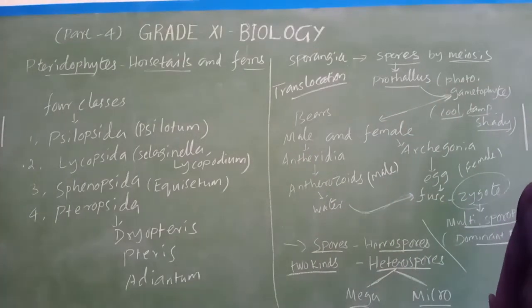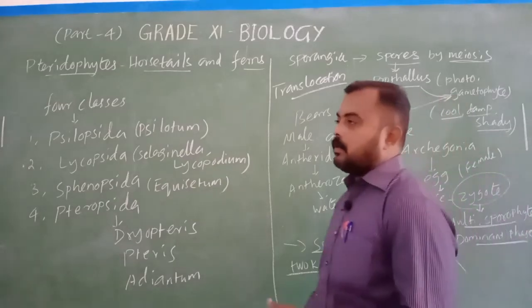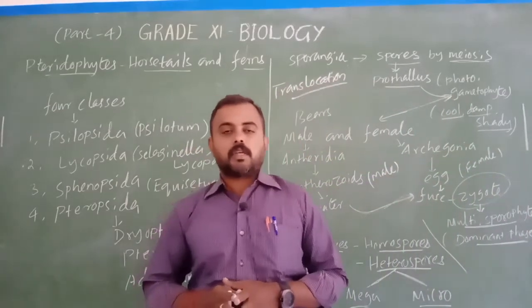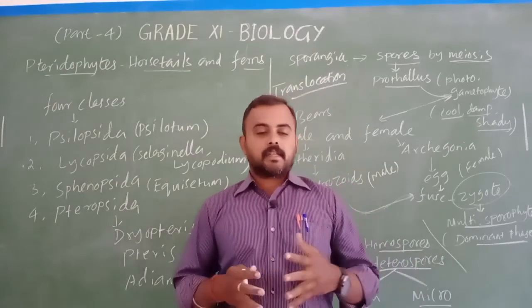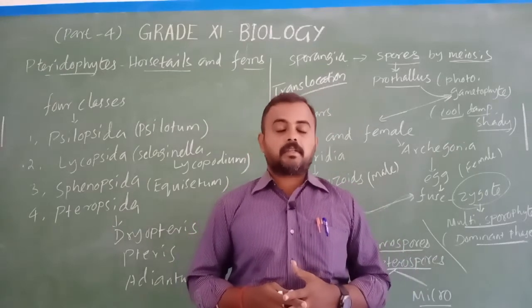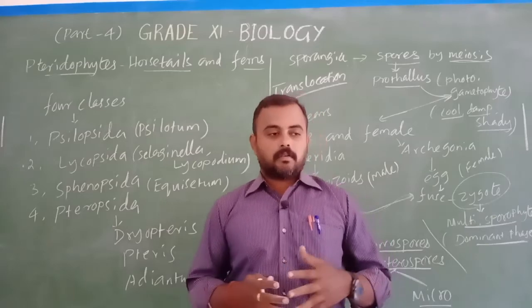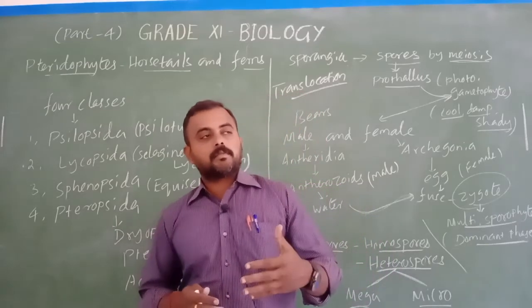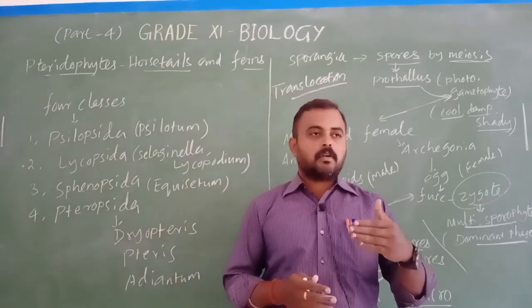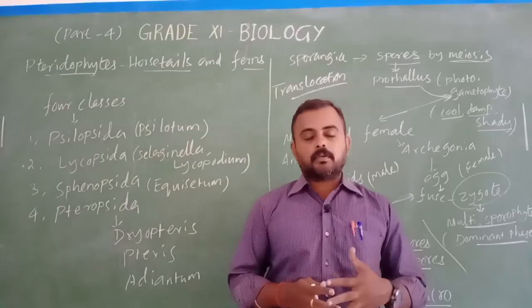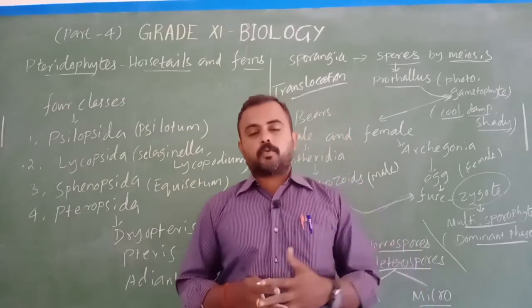Okay, next one, gymnosperms. We are going to see about gymnosperms. After gymnosperms, this lesson will be completed, because after gymnosperms comes angiosperms, which we have in the book, but it is an omitted portion.